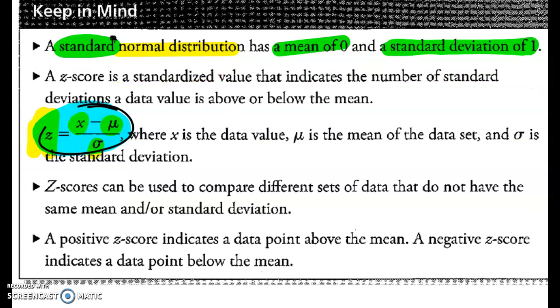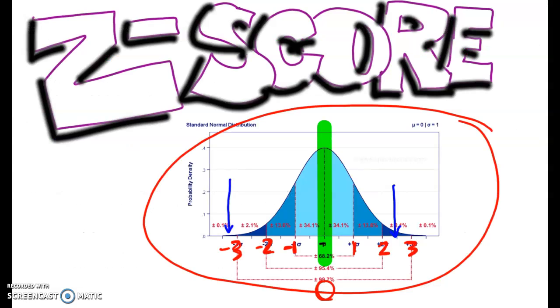Z-scores are good because if we look here and I said, let's give myself a good mark, I said I have a z-score of 2. And someone else, let's just say, for example, Mr. Thomas has a z-score of -1.